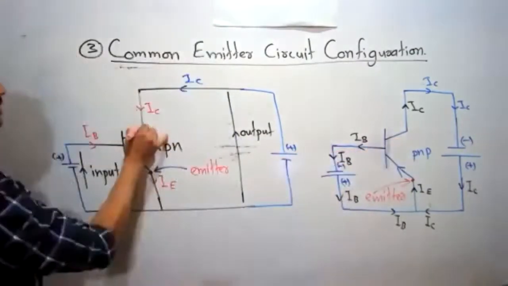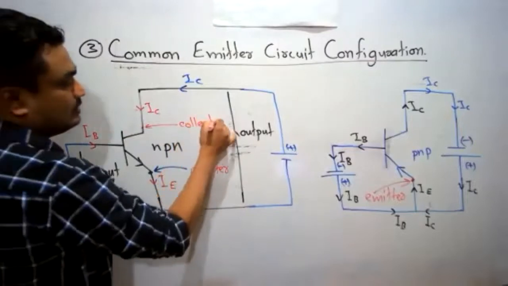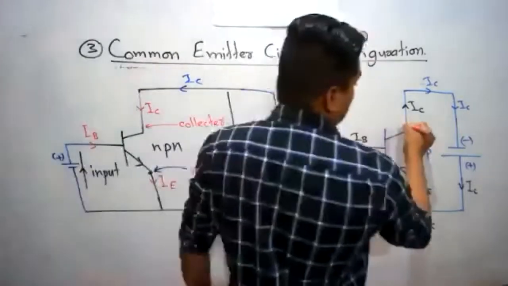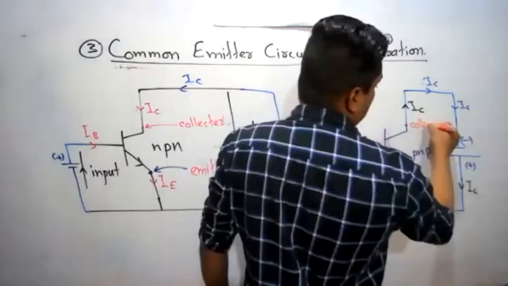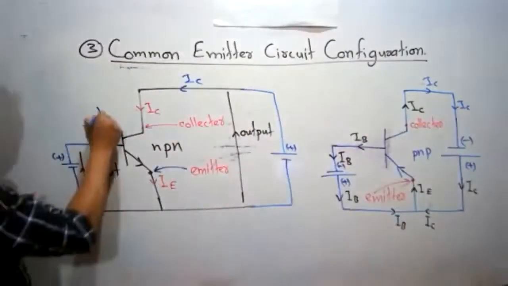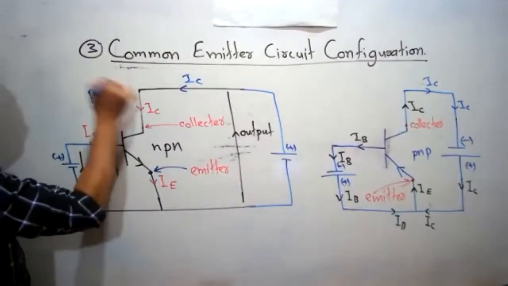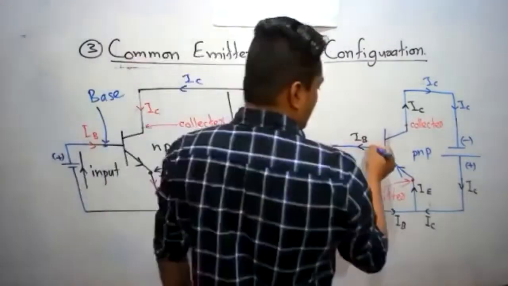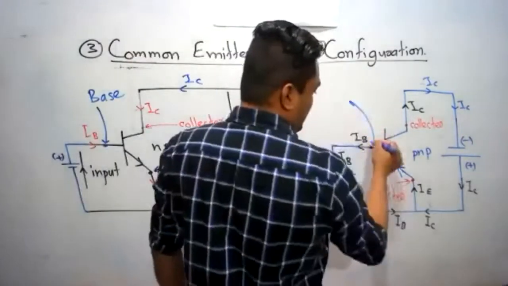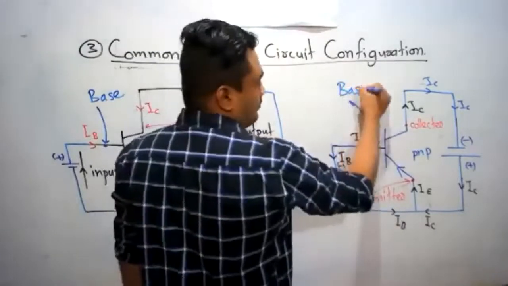So this should be collector. This is also collector. So this one is base. Very good. A very good request, and it is very useful for all the students. Name the terminals.